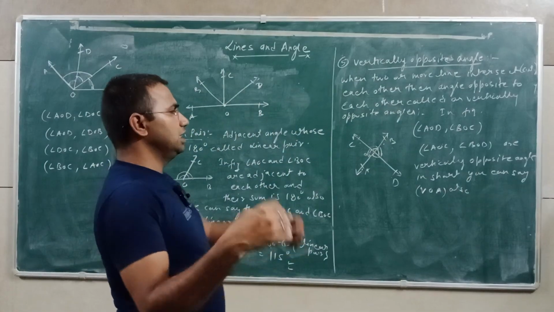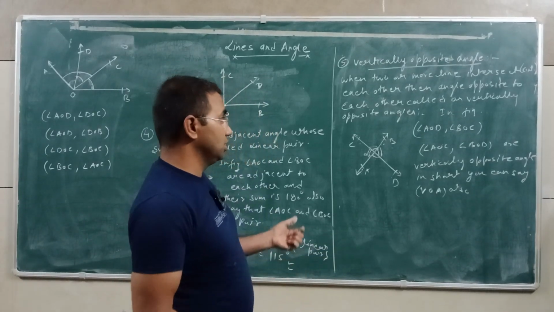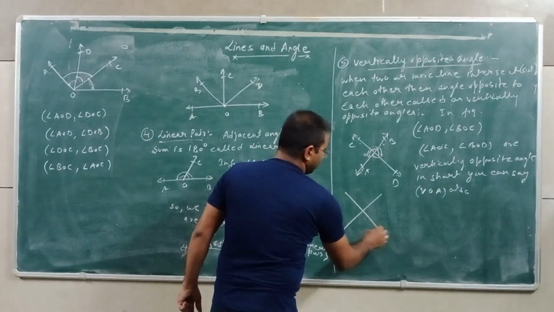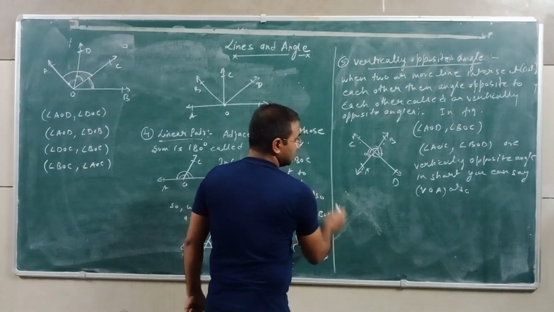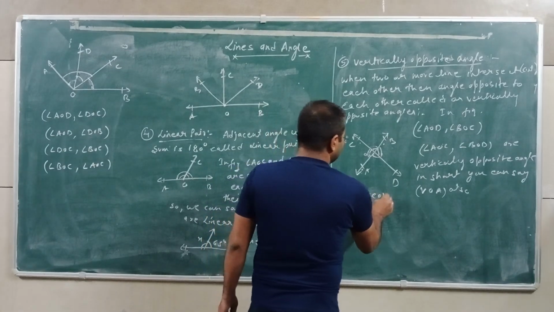Suppose in any question you have to give the reason why angles are equal. Then you have to give a reason. Before this, I have to tell you that there is a theorem, taught in 9th class.